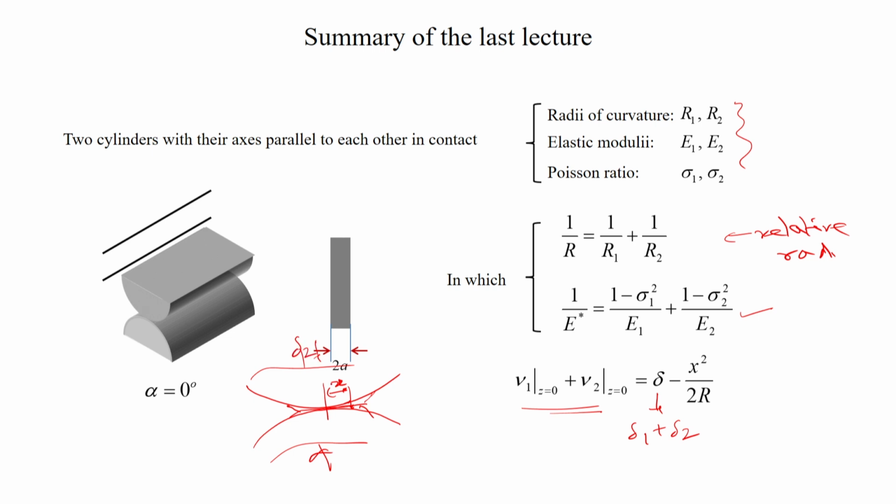So as we apply load, these two cylinders come closer by a distance delta 1 plus delta 2, and as they come in contact, the deformation happens at the surface. That deformation is given by this relation, where x is the distance of the point at which the deformation happens, and this is the deformation at z equal to 0, that is, the surface of these cylinders.